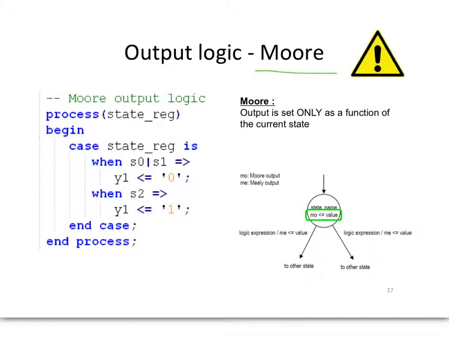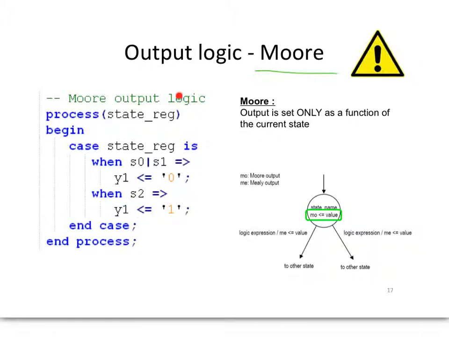In this case, we have only one signal to assign, that would be y1. If we are in state S0 or S1, y1 gets the value 0. If we are in state S2, y1 gets the value 1.